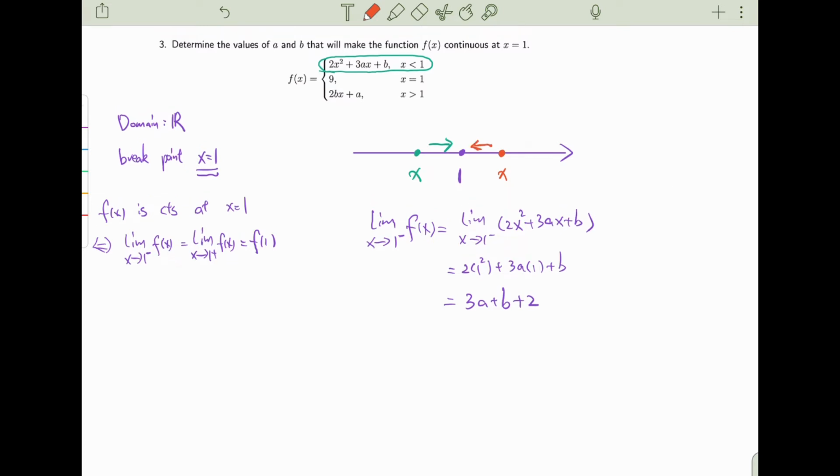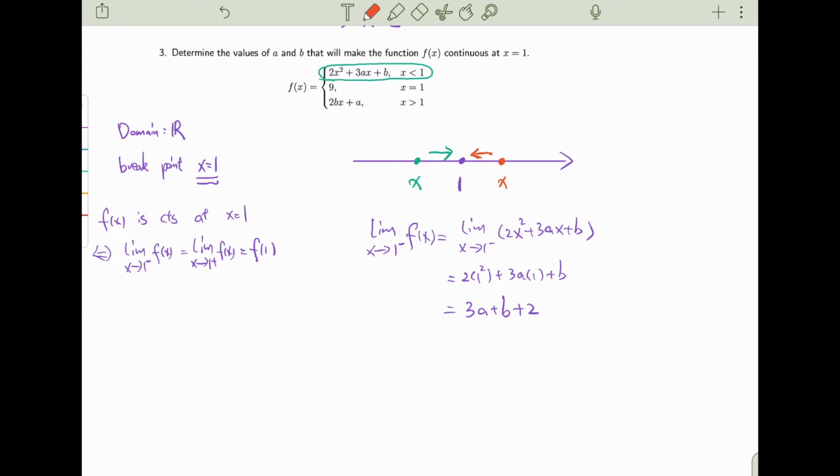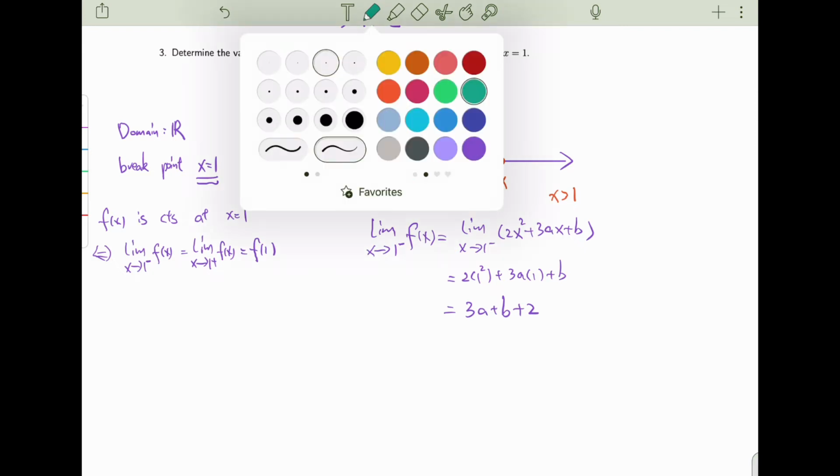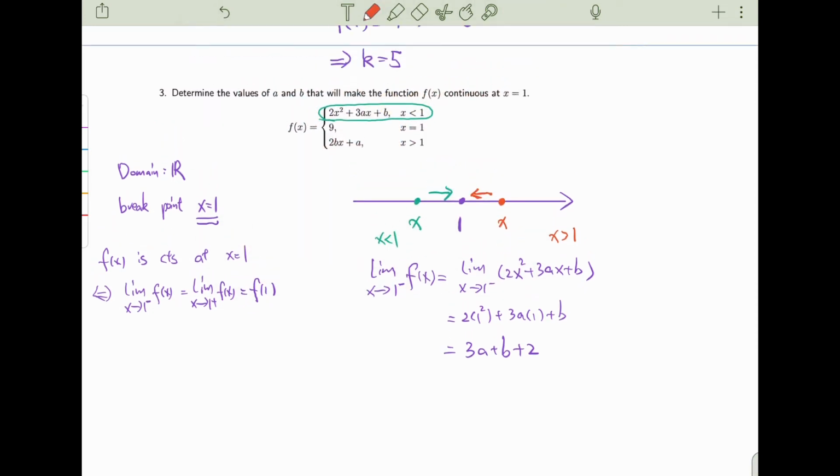So you can see that the orange x is greater than 1, right? Orange x greater than 1. Green x less than 1. So since orange x is greater than 1, I'm gonna choose this expression as my orange expression when x is greater than 1.